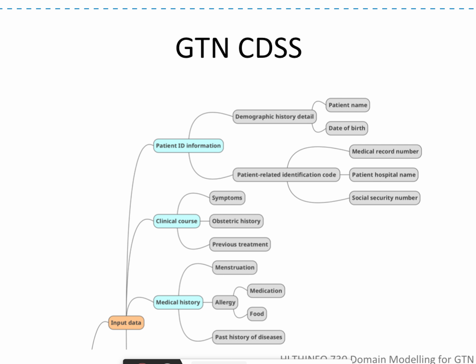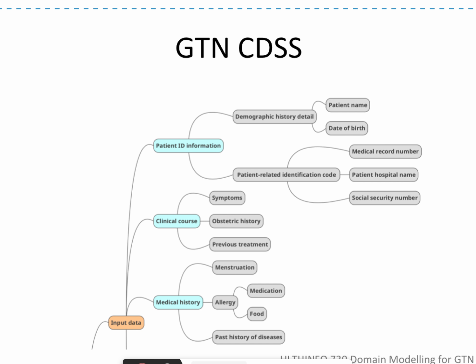The patient ID information includes patient's name, date of birth, medical record number, hospital number, and social security number. The above information can help doctors identify the right patients.